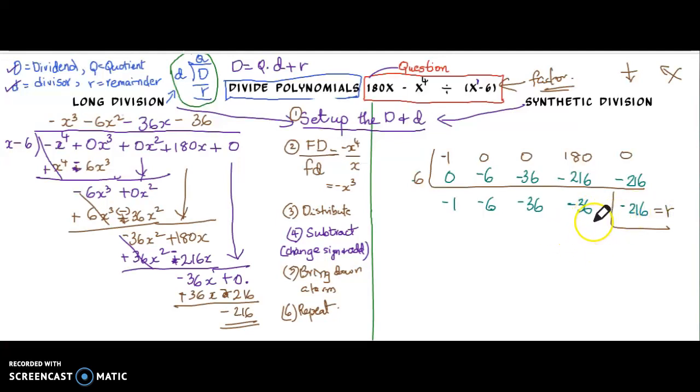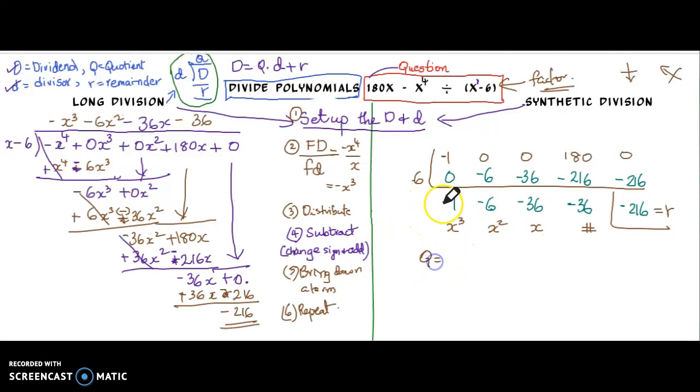And from here, in an ascending order, I'm going to call this the constant, the number part. This is your x, this is your x square, this is your x cube. So let me write out your quotient.